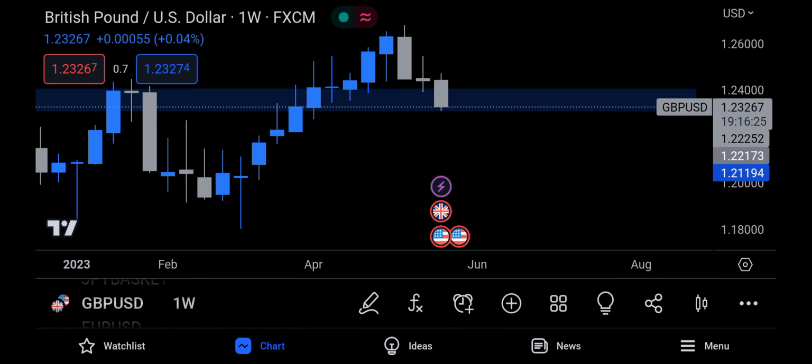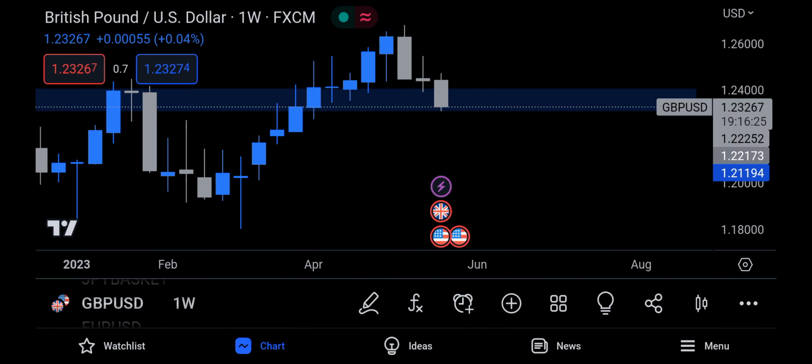So this whole zone here is the monthly level of resistance, sorry, which is acting as a support for us in the market. So inside this whole zone here is where we might see a good reaction, then continuation to the upside. So we need to have a good validation before we can do that.